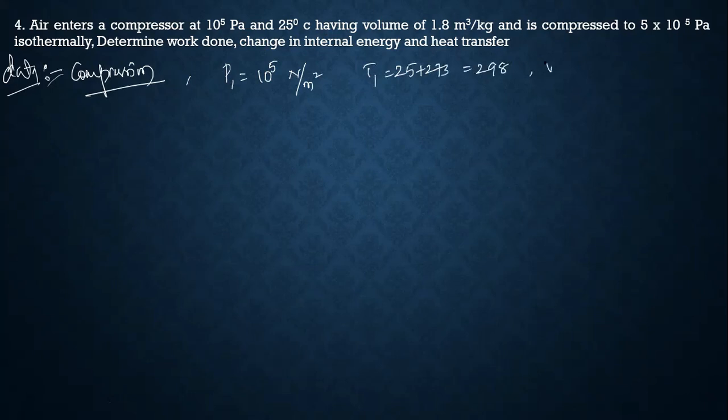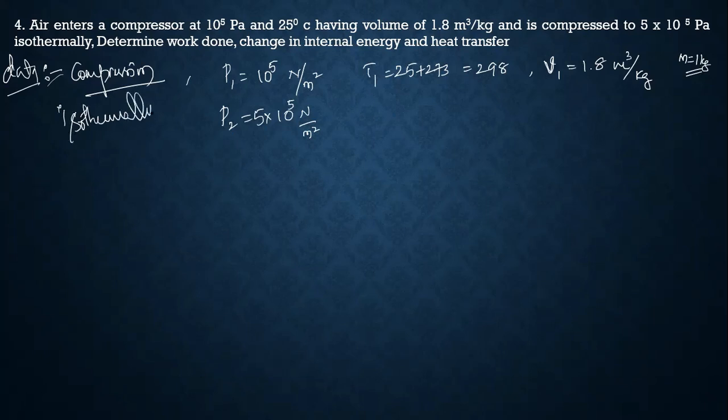Having a volume of V1, here it is small v, I will write, telling that it is a specific volume because the unit is meter cube per kg, for a unit mass. Whatever you are calculating is for 1 kg. And it is compressed to 5 into 10 to the power of 5 Newton per meter square, and this time it is isothermally. Temperature remains constant, that is T1 is equal to T2.